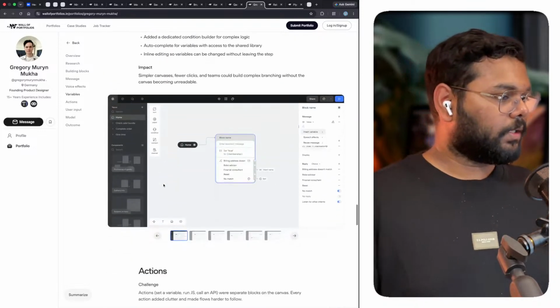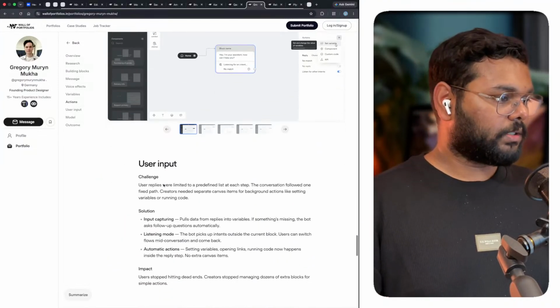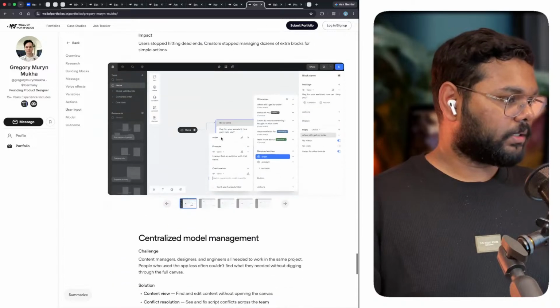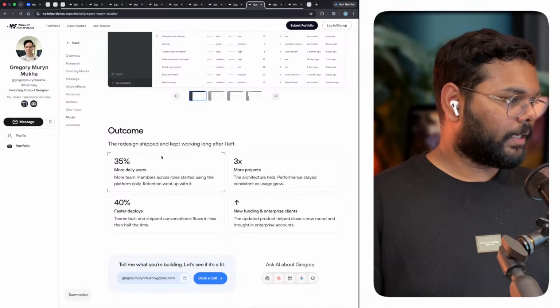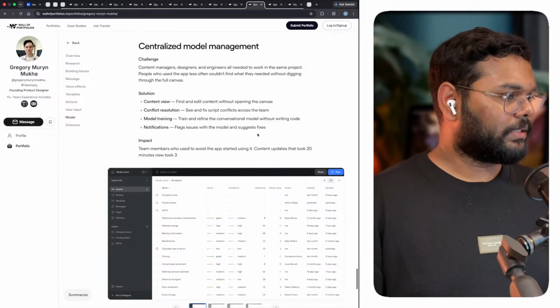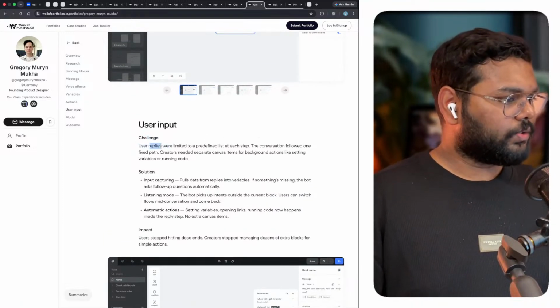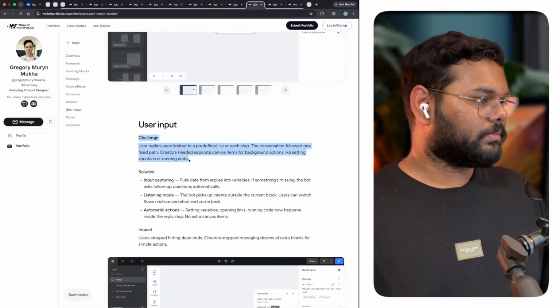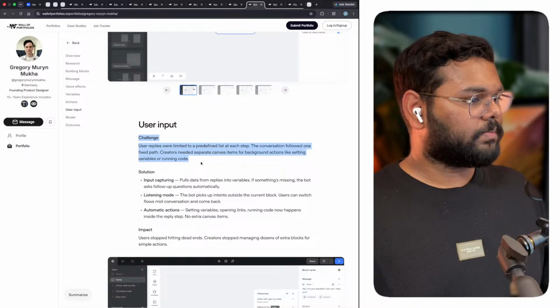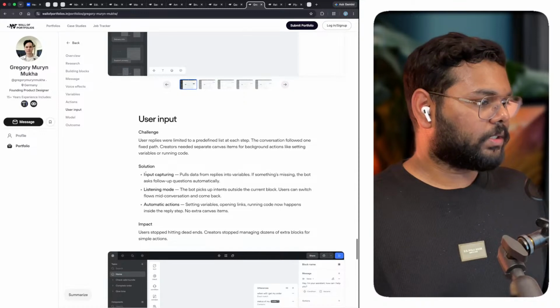Okay, I'm not very experienced in designing AI tools or AI agents, but I think this is a little disconnected again. So, challenge: user replies with limited. Is it a challenge or is it a blocker, or is it a problem or something missing from the flow, and you are just suggesting the solution?